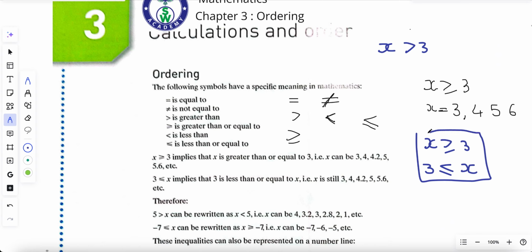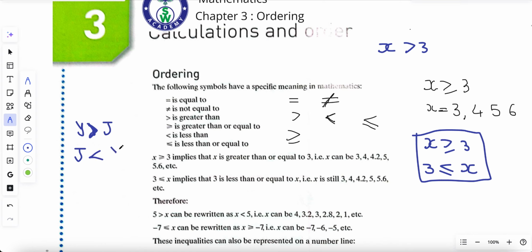So if we write x is greater than or equal to 3, it can as well be 3 is lesser than or equal to x. For example, if you say Yakub is older than Joseph, you can as well say Joseph is younger than Yakub.